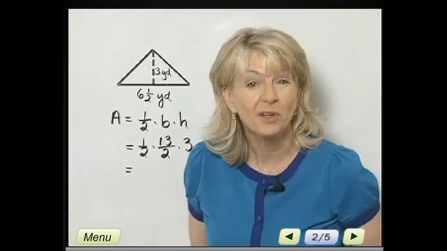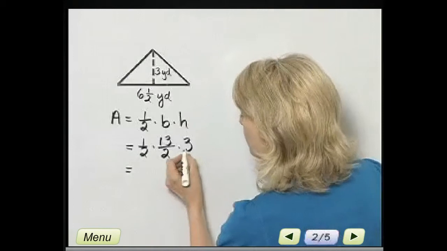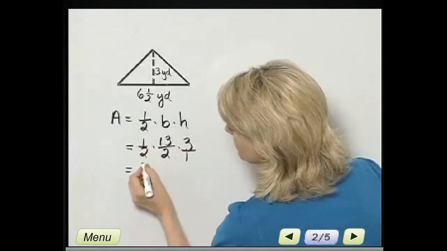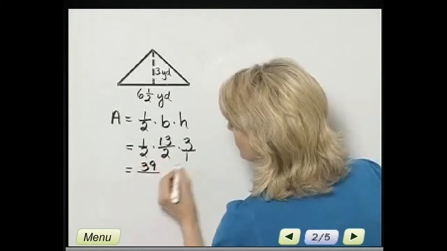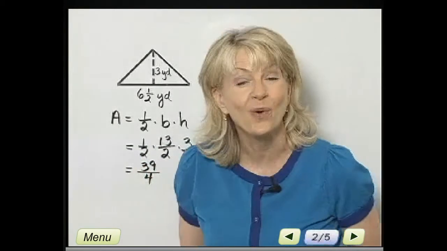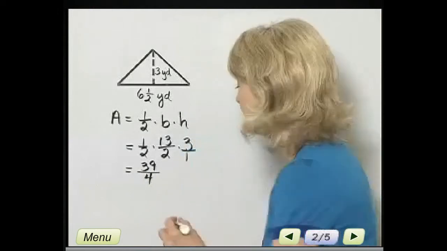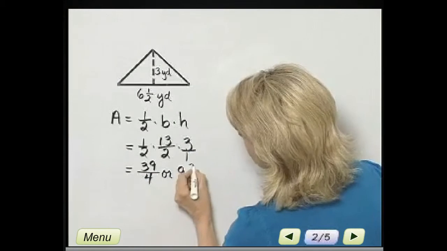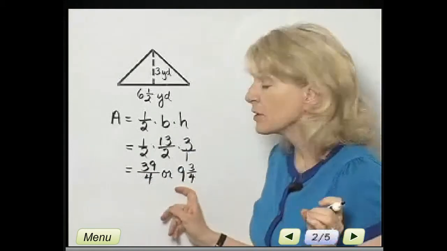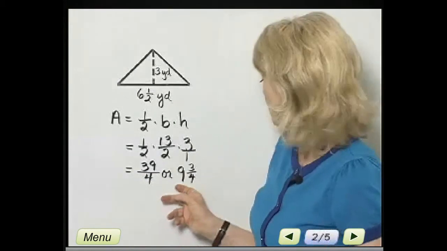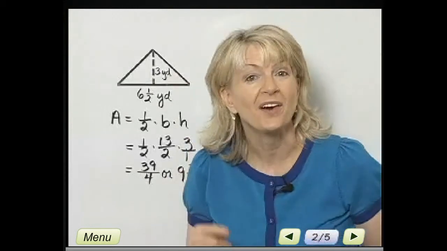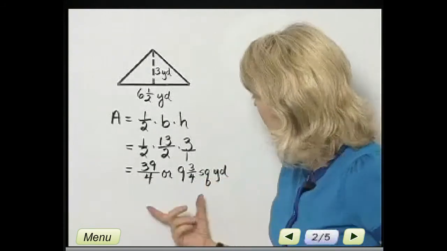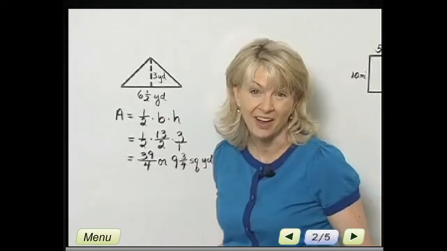And we basically multiply fractions. Now remember, to multiply fractions, numerator times numerator times numerator, so that's 1 times 13 times 3, that's 39, over 2 times 2 times 1, or 4, and then let's write this as a mixed number again. Let's see, 4 divides into 39 9 times, 3 left over, so the area is 9 3/4, and this is square yards. That is the area of this triangle.